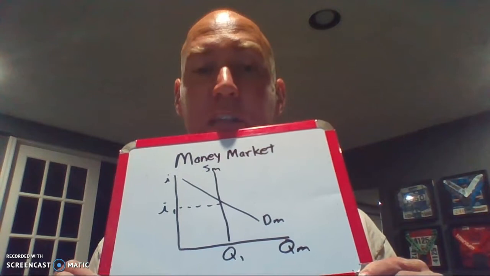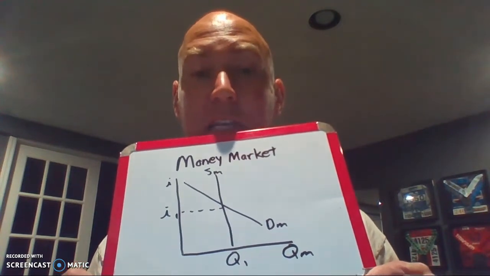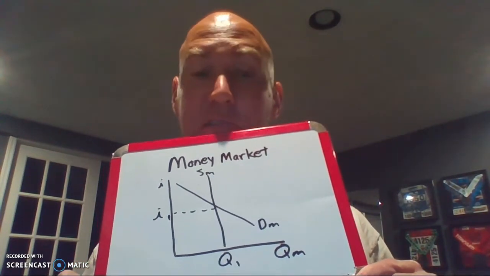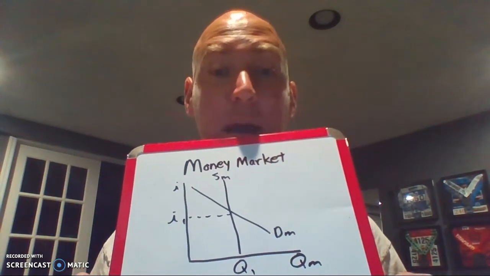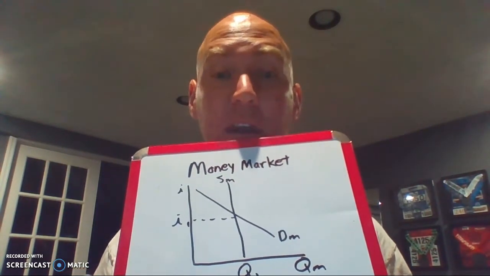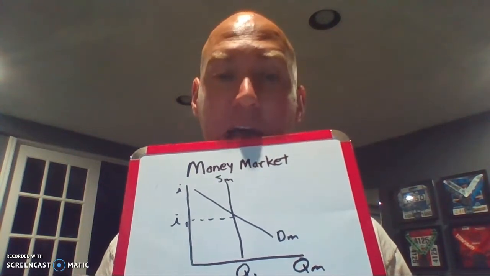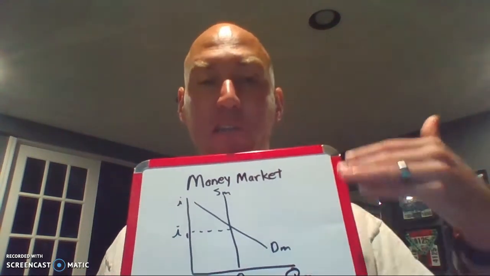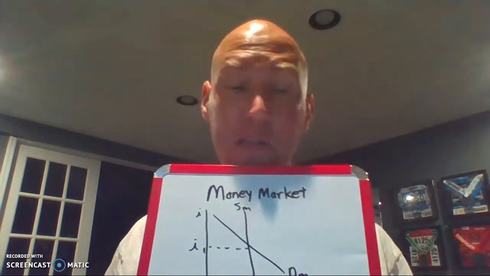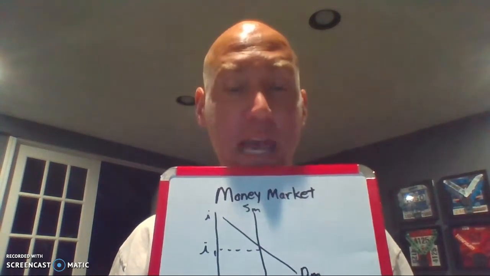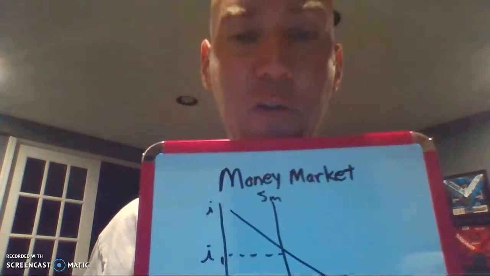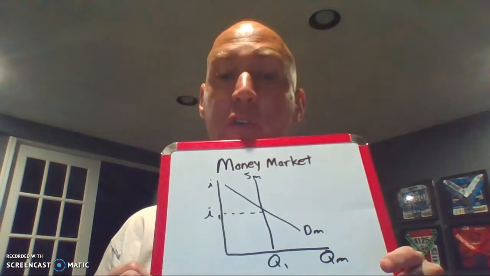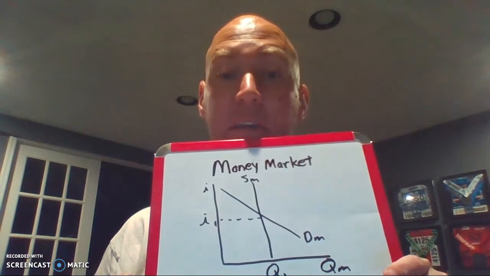So when the Fed uses easy money policy, it increases the money supply, so it shifts to the right. When the Fed uses contractionary monetary policy to fight inflation, it shifts the money supply to the left, and interest rates go up, investment goes down, aggregate demand goes down, and that whole chain reaction. So hopefully you remember at least a little bit of that from the money market.